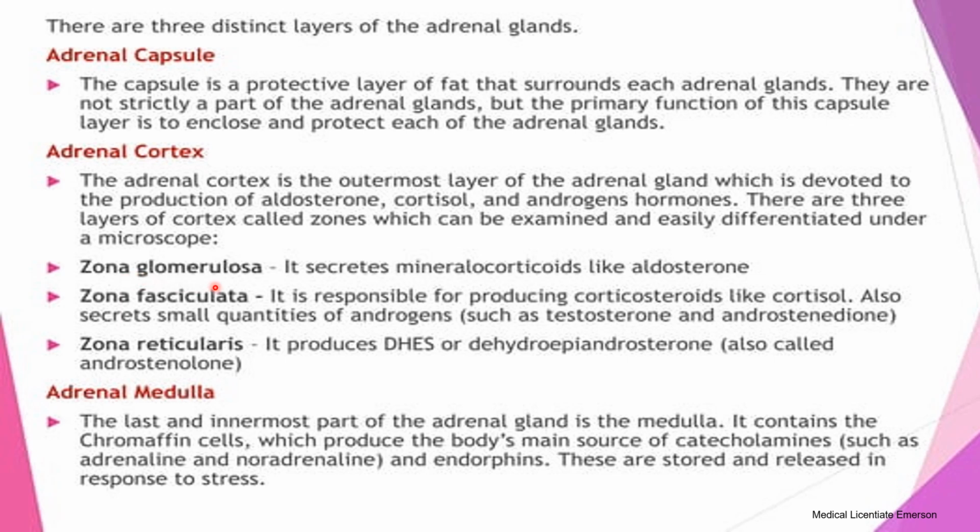That way, when you write fasciculata, you'll be able to say, okay, fasciculata is the one that produces glucocorticoids such as corticosteroids, for instance cortisol. Apart from glucocorticoids, we also produce small quantities of androgens. Okay, that's all.